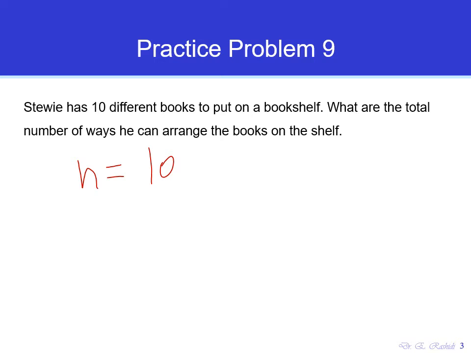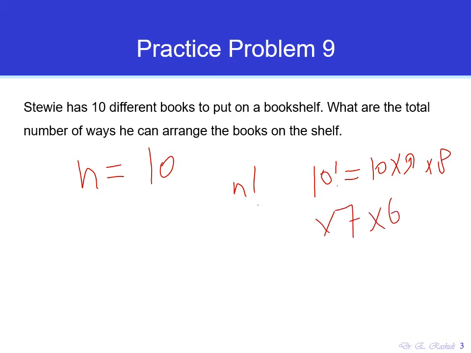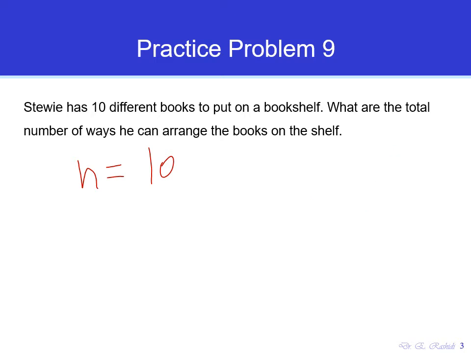So it would be n factorial. Here we have 10, so it would be 10 factorial, which means 10 multiplied by 9 multiplied by 8 multiplied by 7 multiplied by 6 and so on down to 1. 10 factorial.